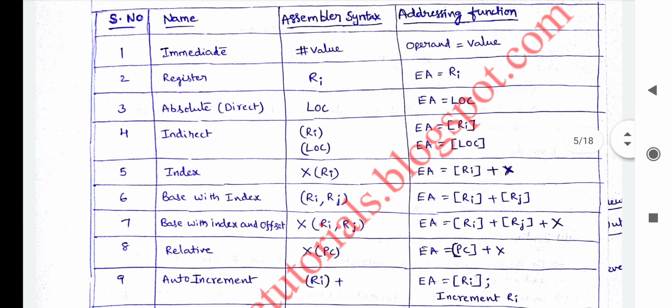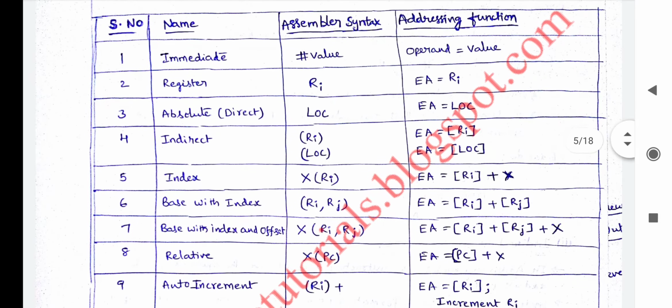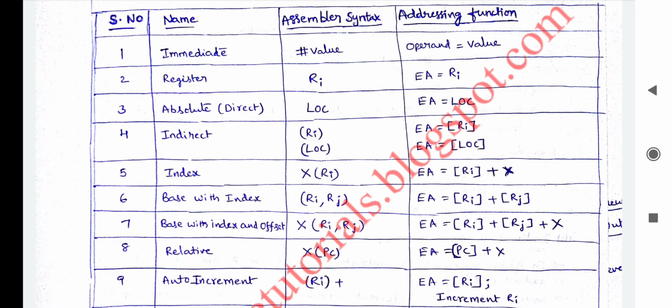If I say that the ball is kept somewhere in a place, like in a basket or a window, that is direct addressing mode. Suppose indirect addressing means if you go there, there itself you identify where the ball was.